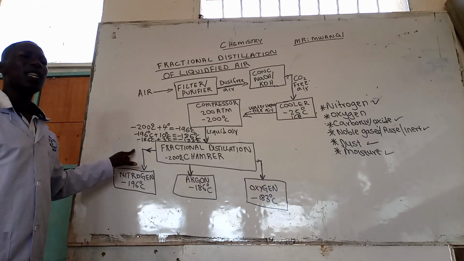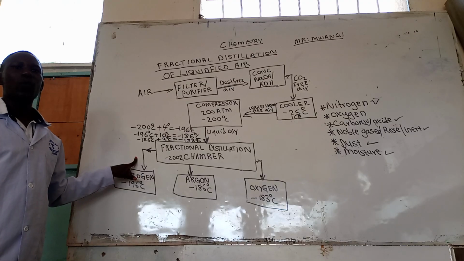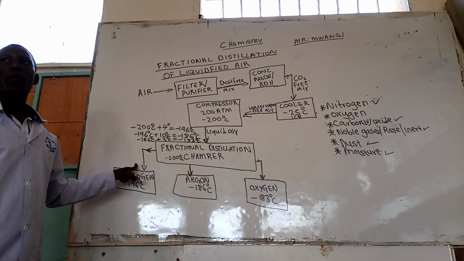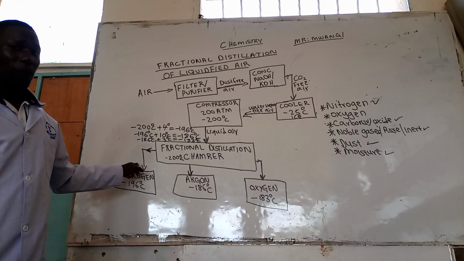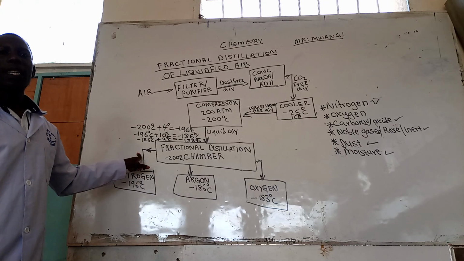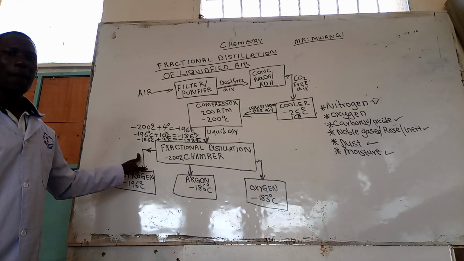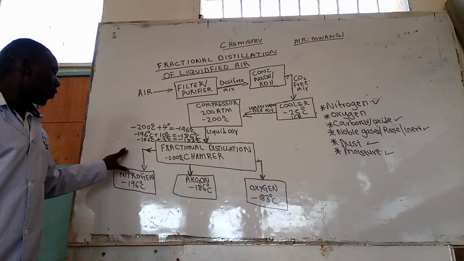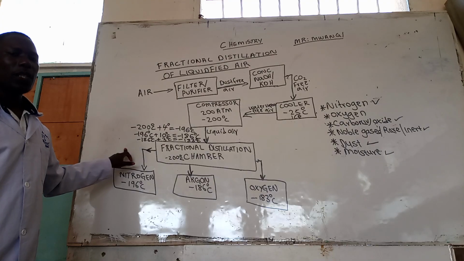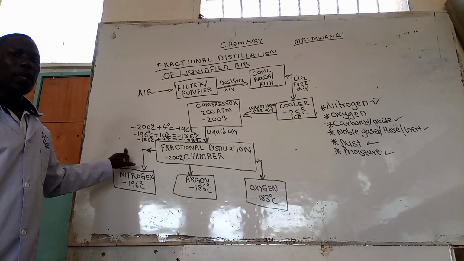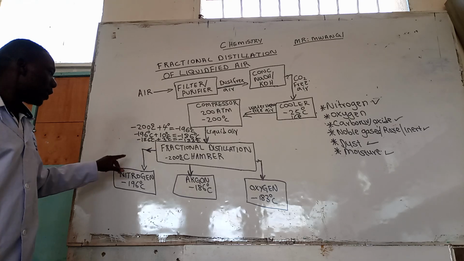For example, nitrogen can be taken to be used for storage of semen in form of refrigerant. It can also be used to manufacture nitrogenous fertilizers. Nitrogen can also be used in the manufacture of ammonia in the Haber process.